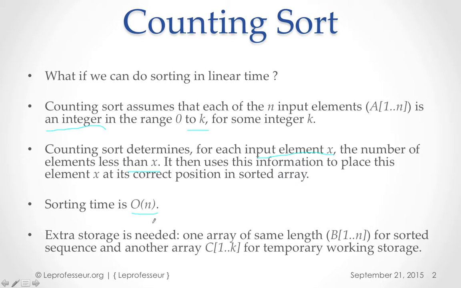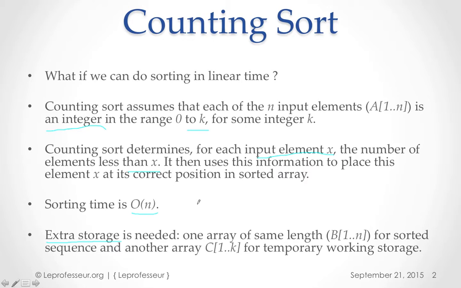Okay. Now we need the extra storage here. Why do we need extra storage? First of all, we need to determine, for each input element x, how many elements are less than x.